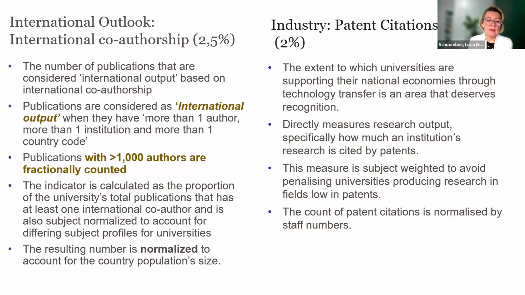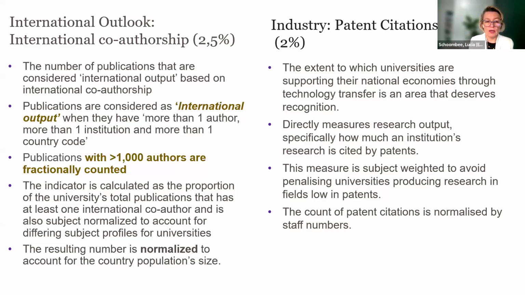And those publications that are hyper-authored papers, they fractionalize, as I mentioned before. In this case there is also subject normalization, because some subject areas usually have more co-authors and more international co-authors. For instance, in biomedical science you have more international co-authoring than you would have in arts and humanities or within mathematics.